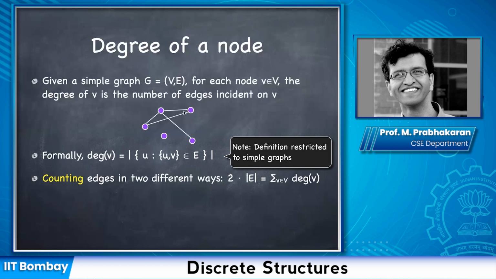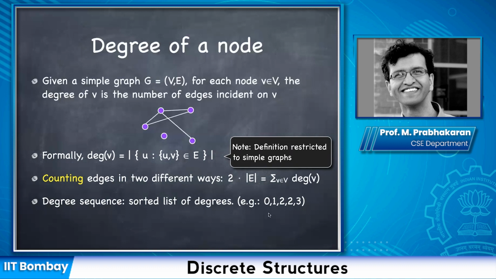Because when you go around summing up the degrees, it will be like 3 plus 2 plus 2 plus 1 plus 0. Every edge gets counted twice: once when I was adding the degrees here, and once when I was adding the degrees here. So this edge contributes 2 to this summation. So the total summation is 2 times the number of edges.